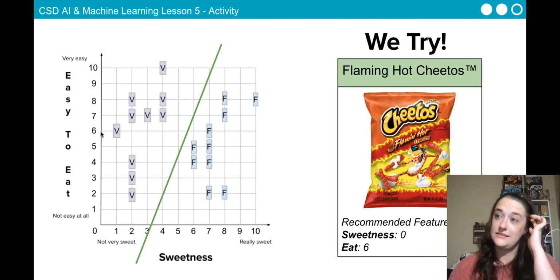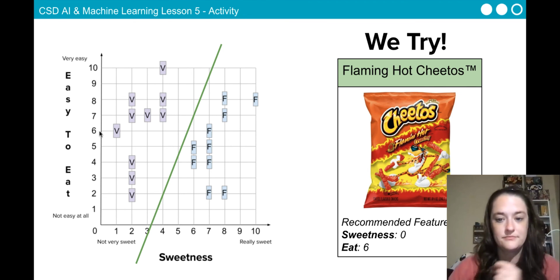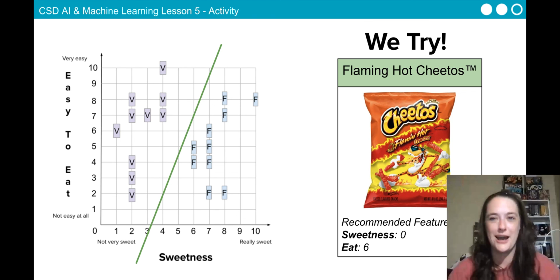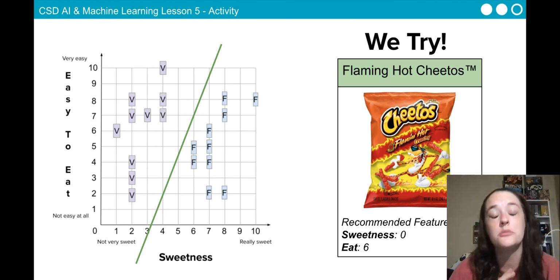That is definitely a number that might not be true for everybody. Okay? So Cheetos are a vegetable based on our model. So you can see we've got a little bit of a problem when we start using our model.